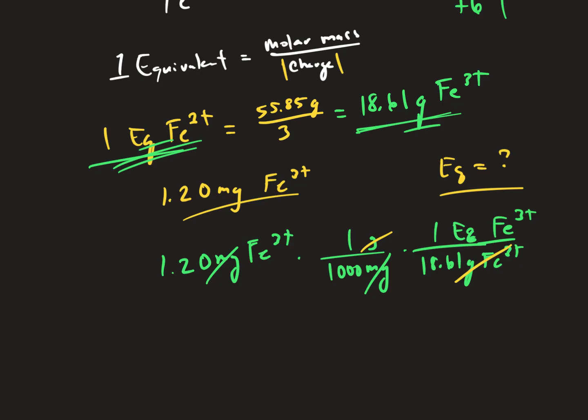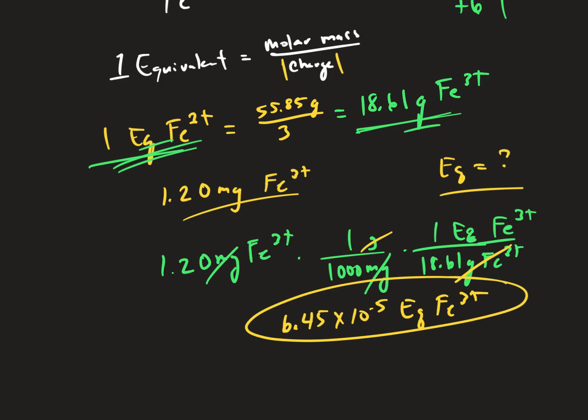And that gives us 6.45 times 10 to the negative 5 equivalents. Are we good?